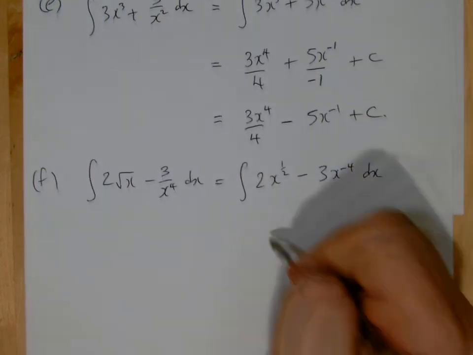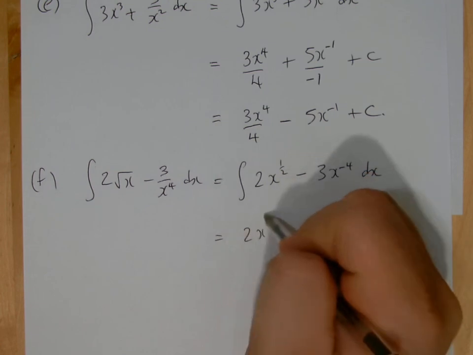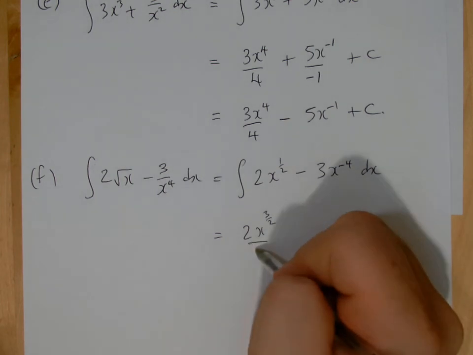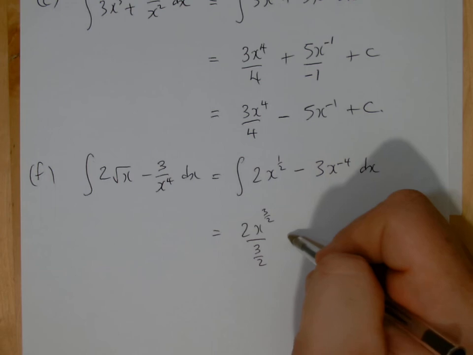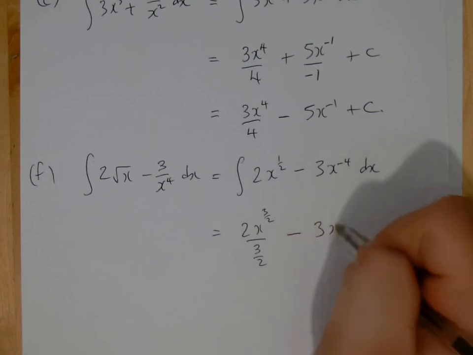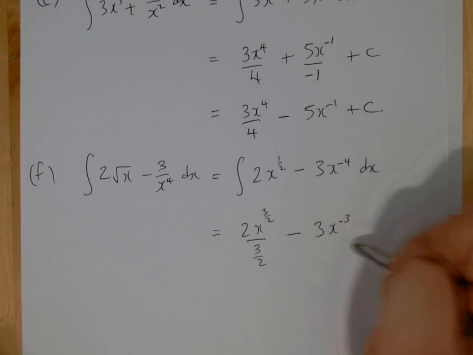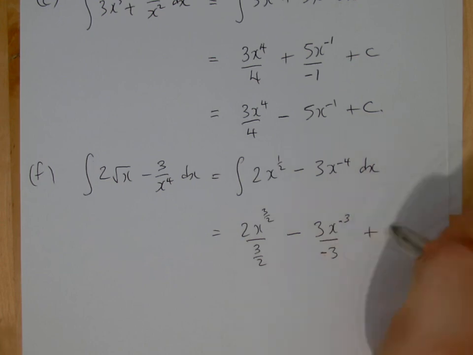And then when you integrate it, add 1 onto that, so you get 3 over 2 as a power. Divide by that new power, 3 over 2. And then take away 3. Well, if you add 1 to that power, go up the number line, so you get minus 3. Divide by that power minus 3 plus c.